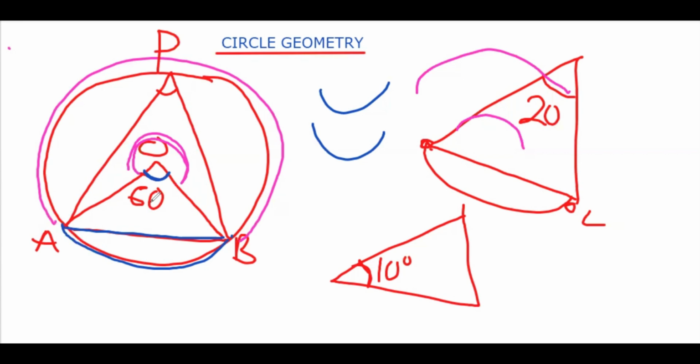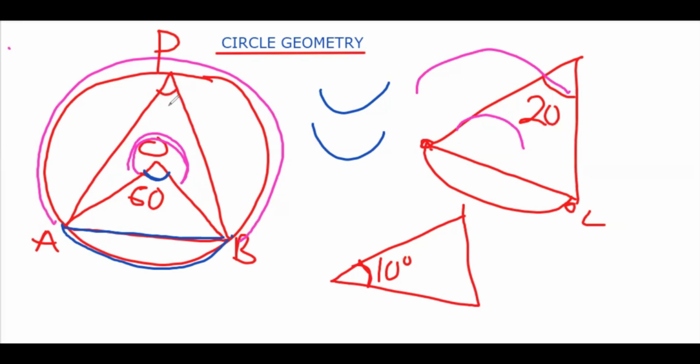Hence, we have the theorem that says the angle that an arc or chord sustains at the center of a circle is half. I mean, the one at the center is twice the one at the circumference, for the same arc sustained on the other part of the circumference.